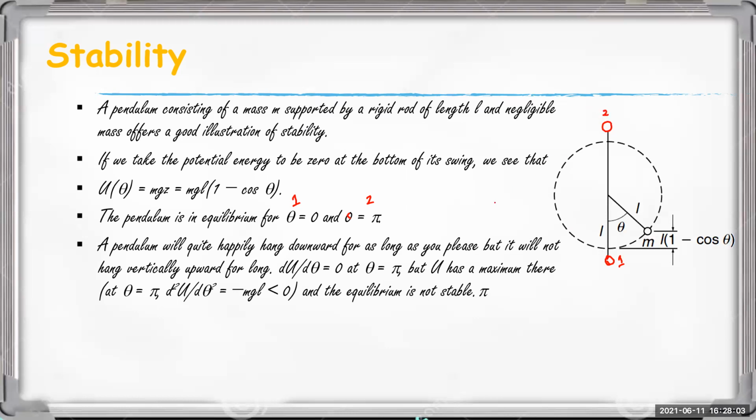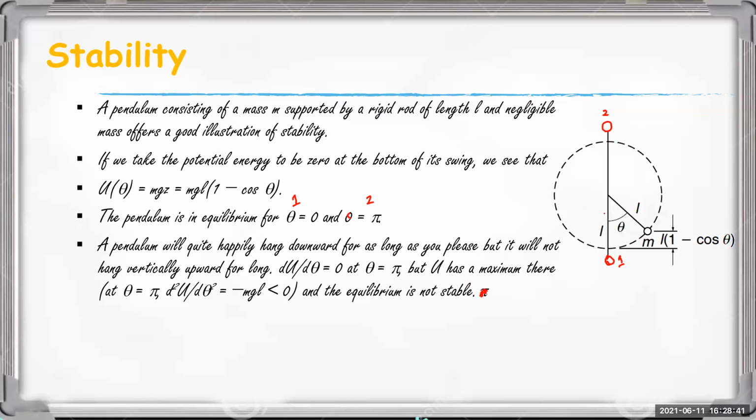There du by d theta is equal to 0, but the potential energy will be maximum. Here potential energy is 0. Then at theta is equal to pi, d square u by d theta square is equal to minus mgL, which is less than 0, or negative, so the equilibrium is not stable.